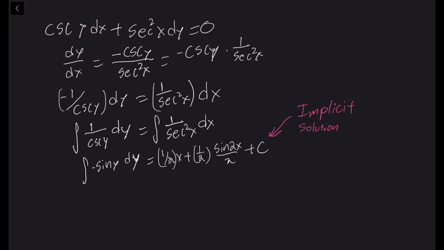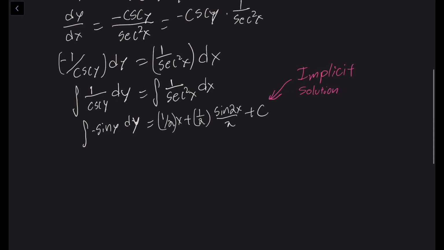And now to get an explicit solution, we're going to have to do a little bit of algebra. And to save time, I'm just going to do it in my head.